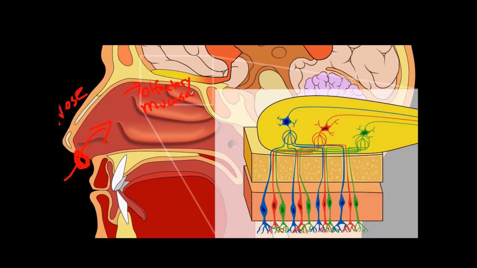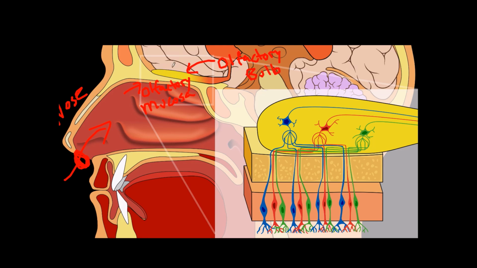Right above the olfactory mucosa, right here, is this specific part of the brain that's lying just beyond this small piece of bone right here. And right above that is this area right here, which is the olfactory bulb. And so the olfactory bulb is actually where the initial processing of these senses of smell are going to be taking place.